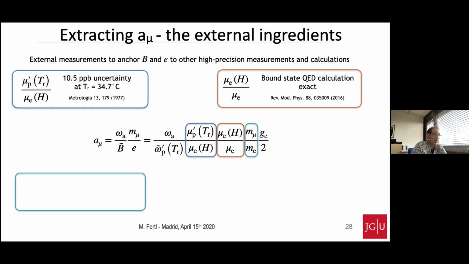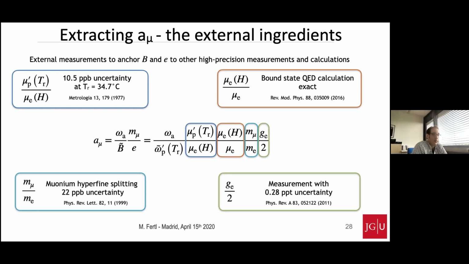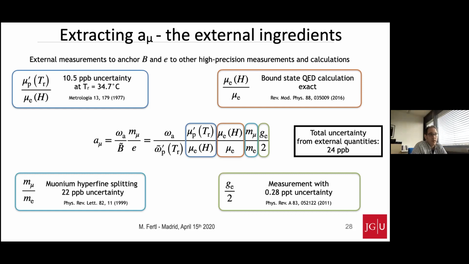We take the mass ratio of the muon to the mass of the electron from the muonium hyperfine splitting measurements, and we take the measurement of the g-factor of the electron. And these 4 external inputs to our result have a total uncertainty of roughly 24 parts per billion.